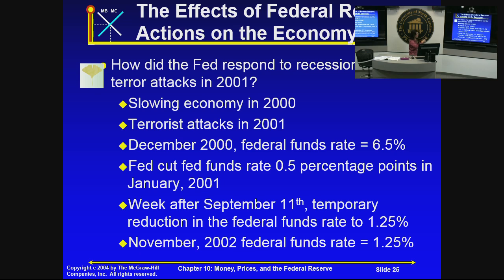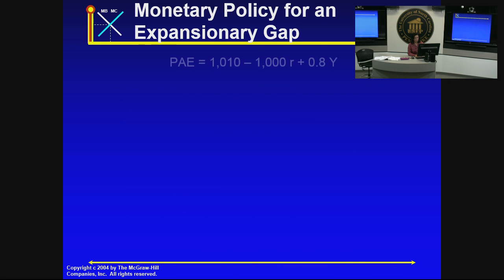So one of the things you have to do is correct it by dropping the interest rate, not raising it. Practicing expansionary monetary policy means dropping the interest rate. So that's what happened: a week after September 11, they dropped it down to 1.25. That's very, very drastic, 6.5 to 1.25. And then in November 2002, they cut it again to 1.25. So this is just to tell you that in the real world, that's what they do. They have to lower the interest rate.